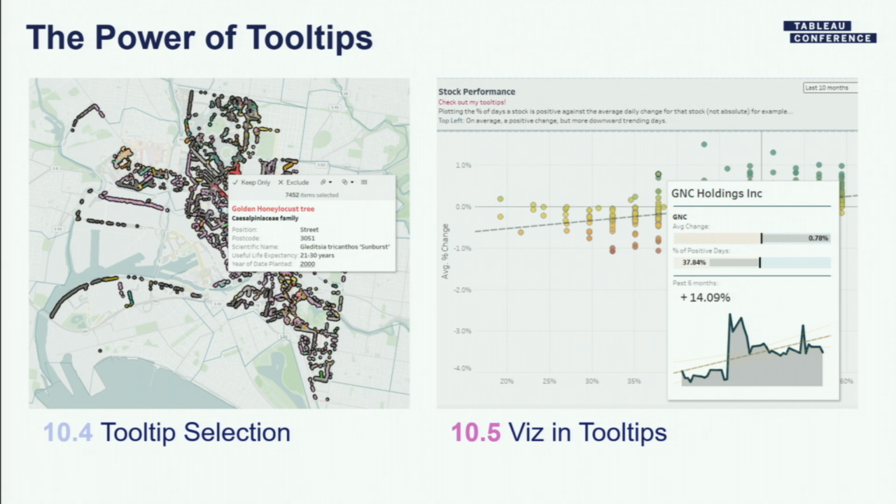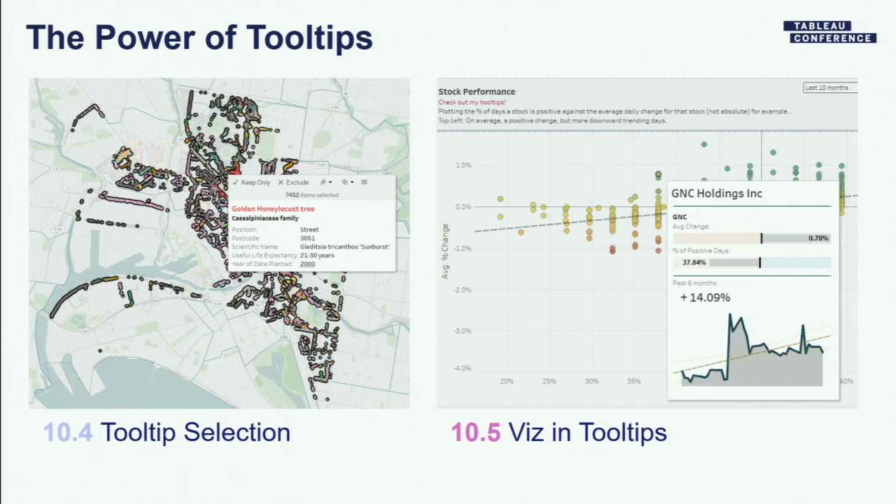Tooltip selection allows you to dynamically explore your data as you select a particular data point in the tooltip, and it highlights everything relevant that's on the same chart. So it's very useful when you have a big scatter plot, or a big map with a lot of locations, and maybe they have different brands and you want to look at where those brands are. So tooltip selection is actually really powerful.